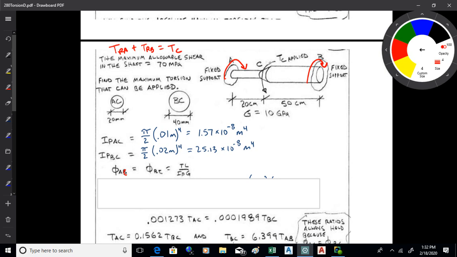I mean, we know that. And now I'm getting ready to do the strengths part, and that is the angles are equal. The angle from A to C equals the angle from B to C, and those equal TL over IG. We don't have the torsions, but we got the lengths, and we just found I sub P, and we're given G. It's 10 gigapascals.